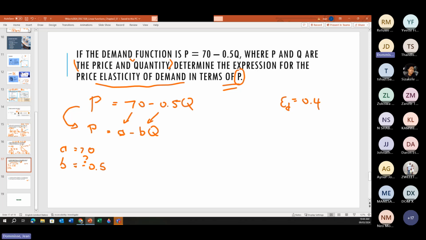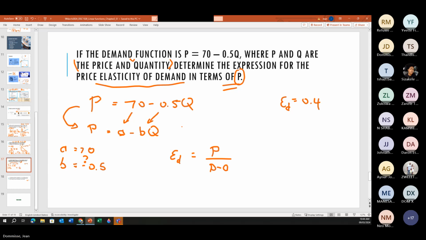Okay, so when we look at the formula for elasticity, we normally would look at P over P minus A. Hopefully one of them was that.